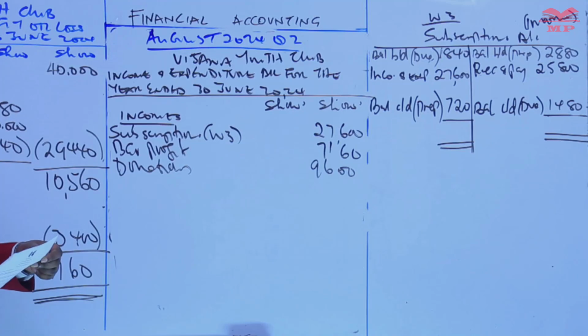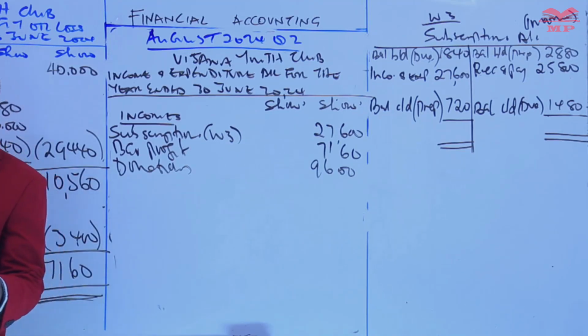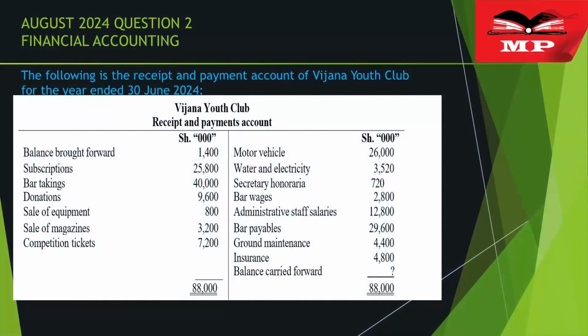Then we have sale of equipment. Do you have information on sale of equipment? Can you see any information on sale of equipment? Sale of equipment is not an income item, because that is sale of an asset, unless we have gain or loss on the sale.